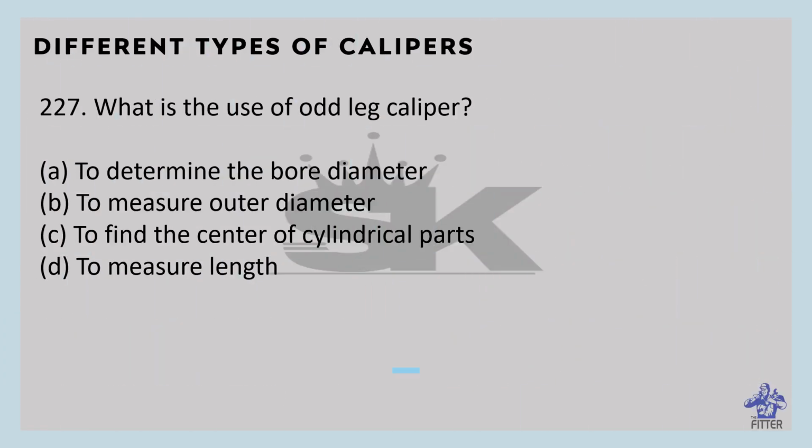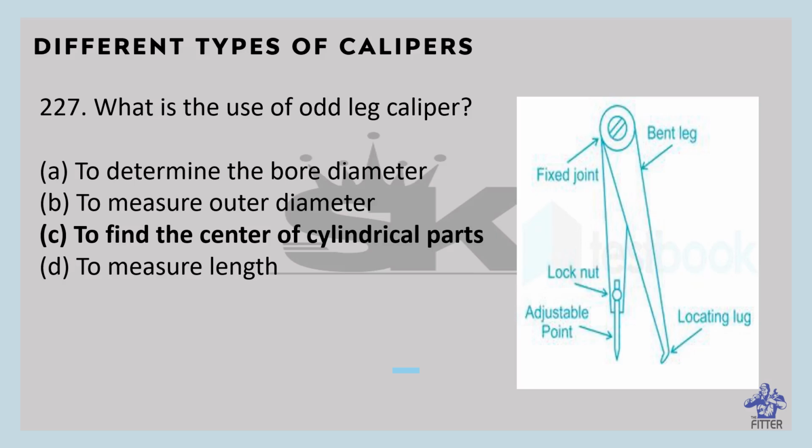What is the use of odd leg caliper? It is to find the center of cylindrical parts. It is also known as hermaphrodite or Jenny caliper.